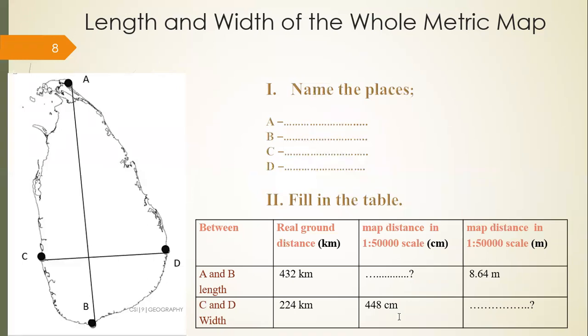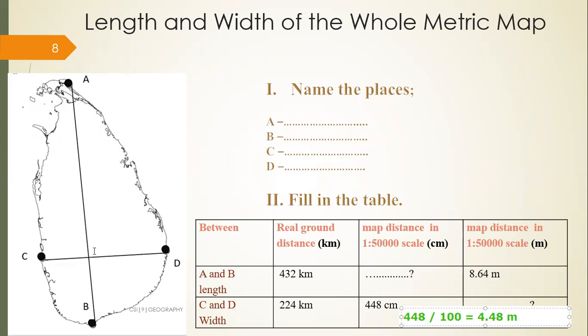Now I write here 448. You have to divide by 100 to get meters value, then 4.48 meters, the width of the map.